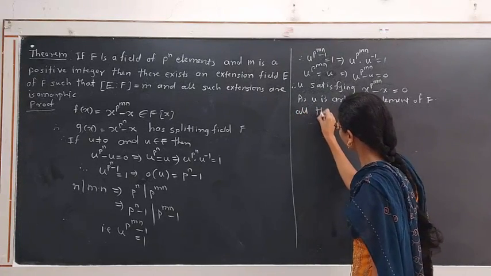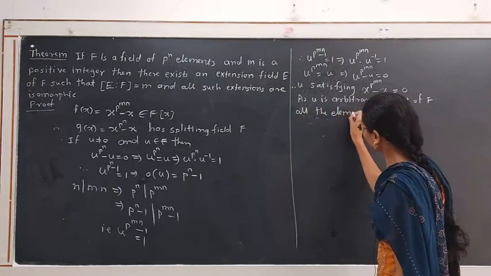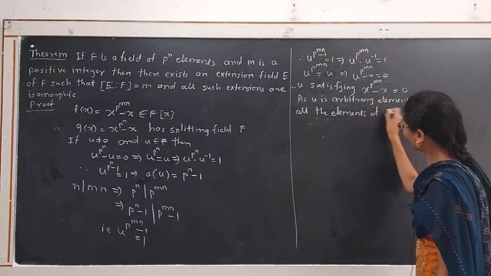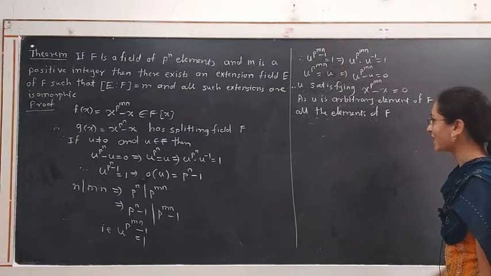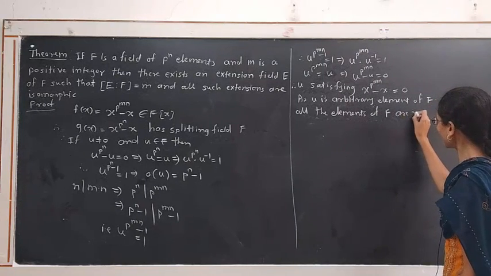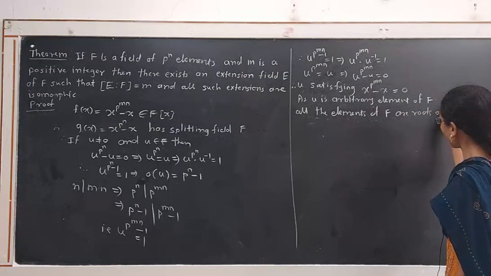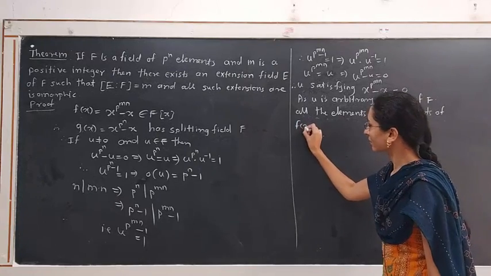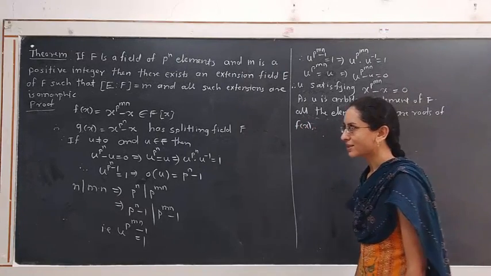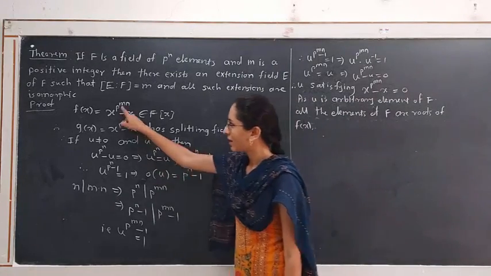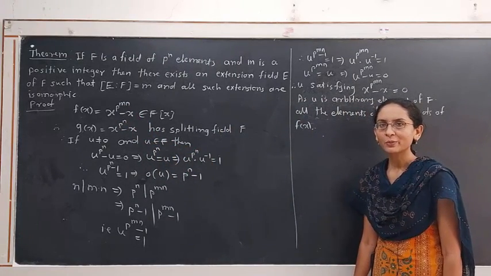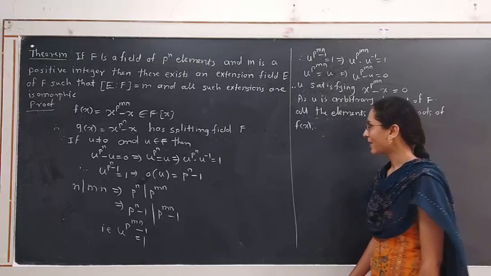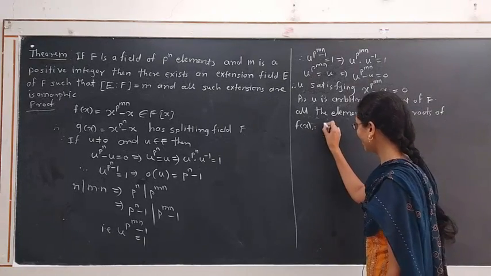All the elements of field F having p raised to n elements are roots of the polynomial f(x). But f(x) has degree p raised to mn. Hence, f(x) has at most p raised to mn roots by the fundamental theorem of algebra.